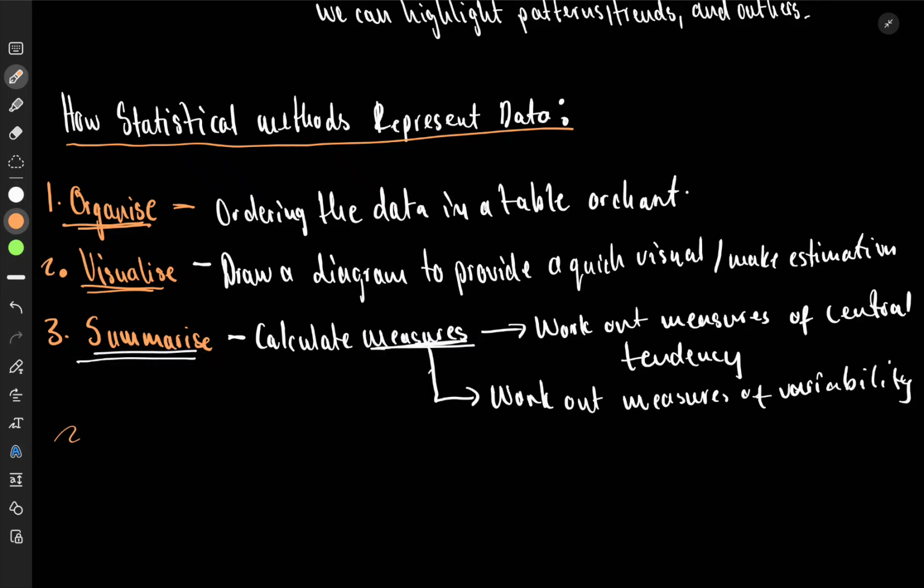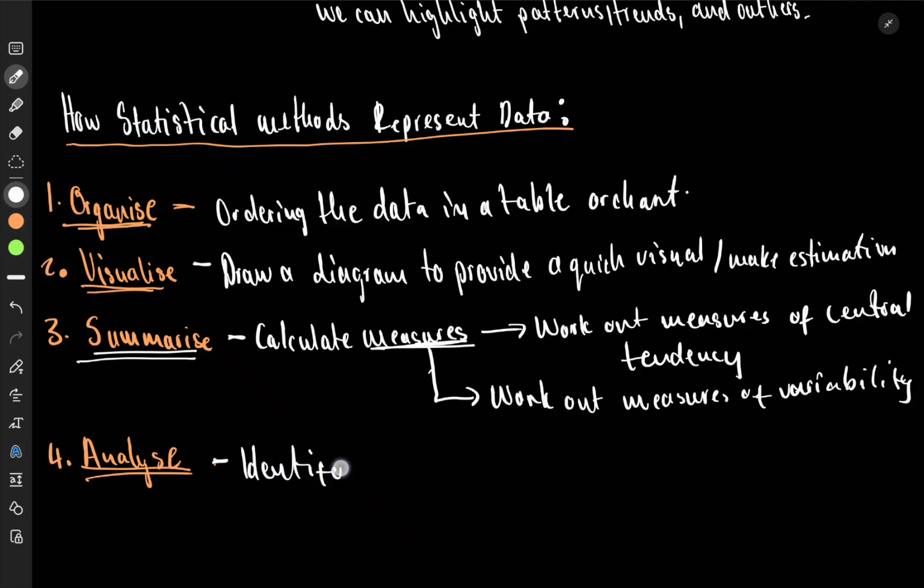Okay. Then the fourth and final thing which you do is to analyze. But we are going to be ending at this third one, basically, mostly. But to analyze is to then draw conclusions, right? You can say that when you're analyzing, you're identifying relationships.